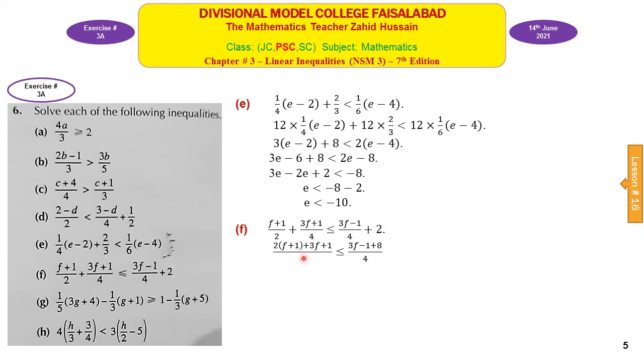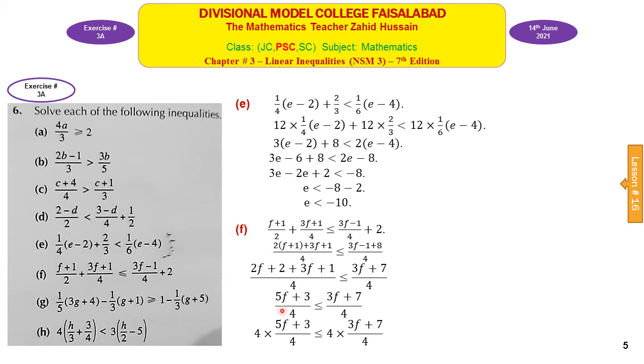On the left hand side, 4 divided by 2 is 2, and 2 multiplied by (f plus 1) plus (3f plus 1) over 4, less than or equal to (3f minus 1) plus 8 over 4. So we get 2f plus 2 plus 3f plus 1 over 4 less than or equal to 3f plus 7 over 4. 5f plus 3 over 4 less than or equal to 3f plus 7 over 4.